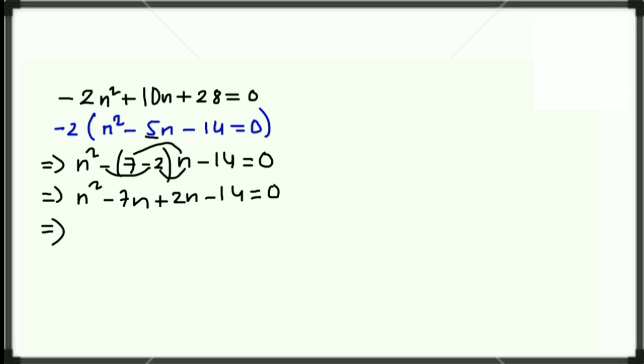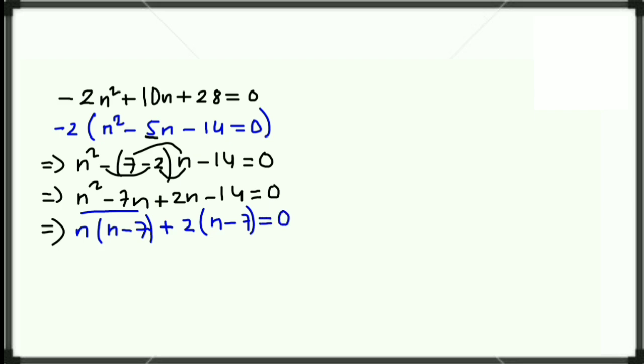Now from this pair, we can take n as a common, then here remains n minus 7 plus, and here 2 is common, and here remains n minus 7 (2 7s are 14) equal to 0.